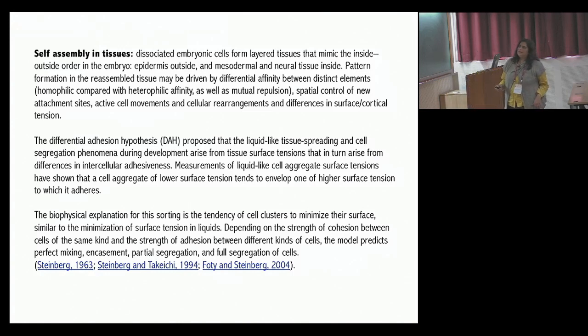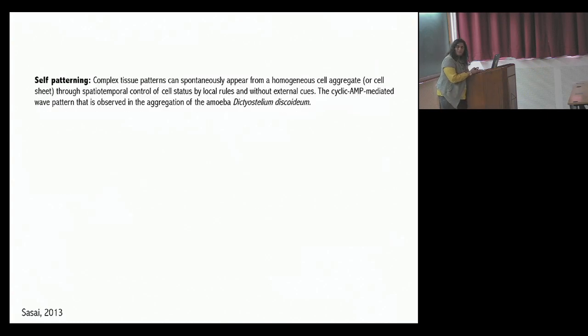So this differential adhesion hypothesis, he suggested, must arise from differences in surface tension that in turn must arise from differences in the adhesiveness of these cells. And the explanation for this, as I already mentioned, is to meet the tendency of cell clusters to minimize their surface, similar to how you minimize surface tension in liquids, right? So that sort of thing had been observed.